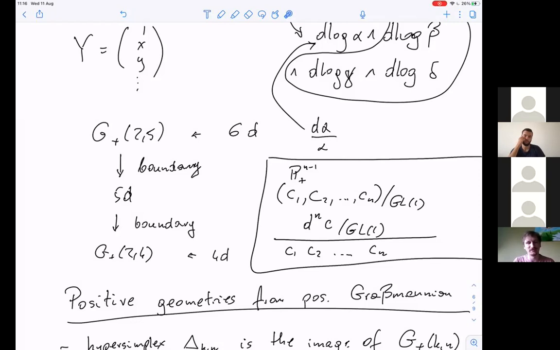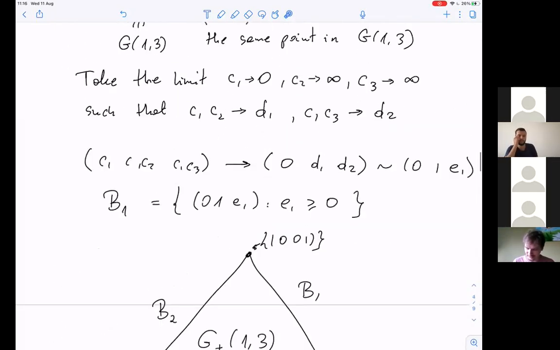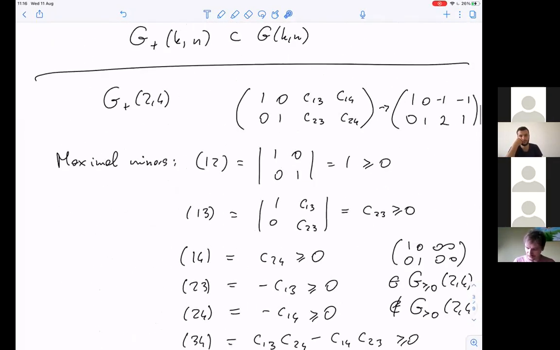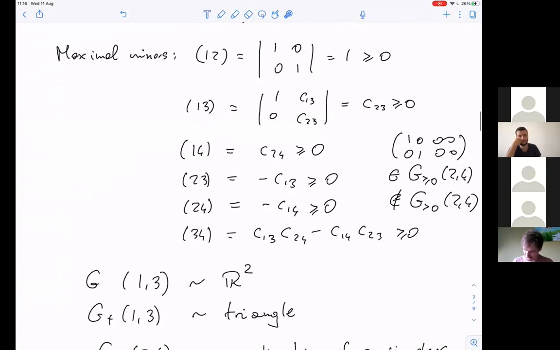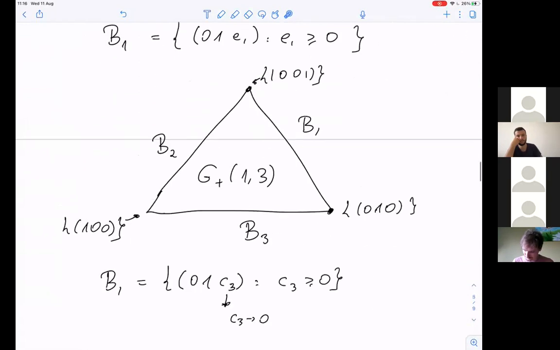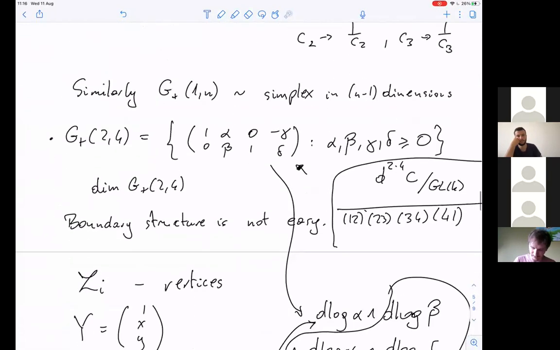The form has to be GL_k invariant. For example, the only GL2 invariant objects on G plus 2,4 are the maximal minors, so it has to depend only on maximal minors.